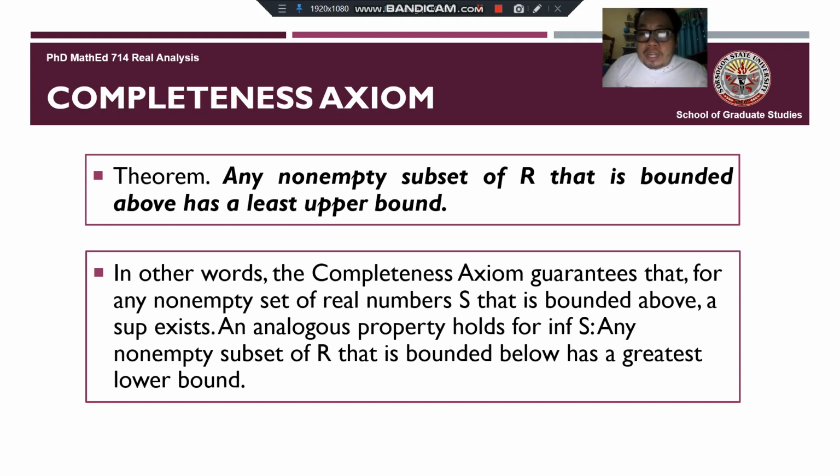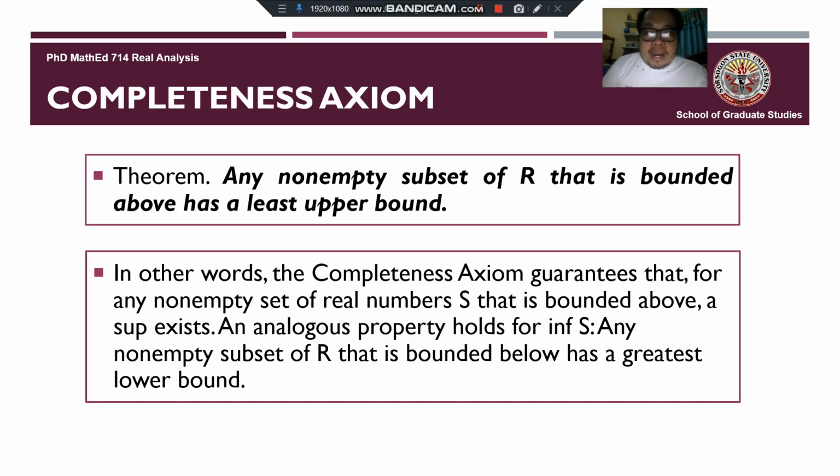In other words, the completeness axiom guarantees that for any non-empty set of real numbers S that is bounded above, a supremum exists. Then an analogous property holds for the infimum of S. In a non-empty subset of R that is bounded below, it has a greatest lower bound. So that was mentioned a while ago.